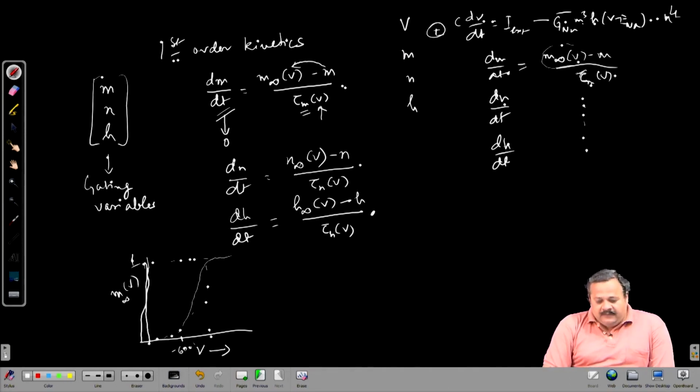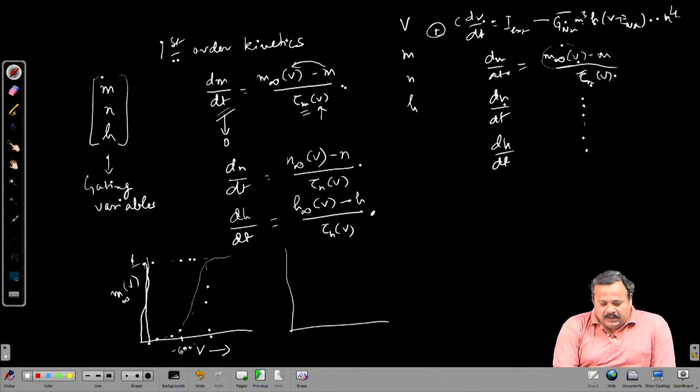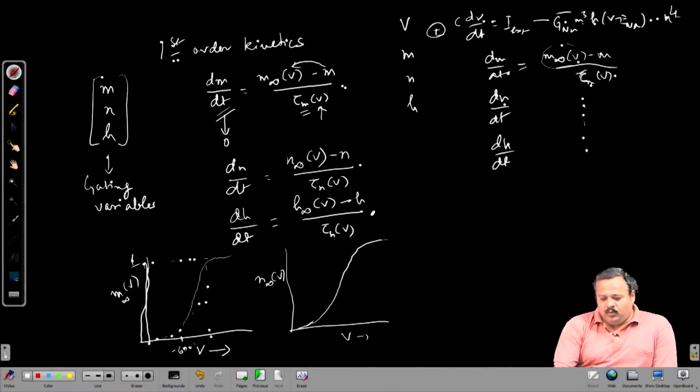And n infinity V also has a similar shape. That is, if we have this n infinity V as a function of voltage, it is also an activation gate for potassium channels, and so the steady state potassium gate opening probability is also increasing as a function of voltage, just like the m gates.